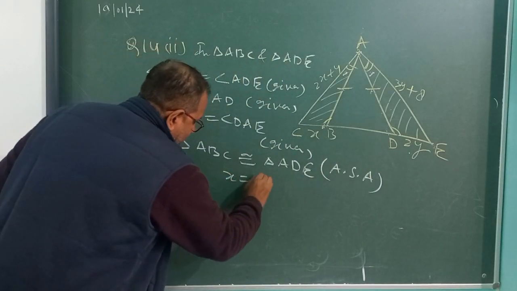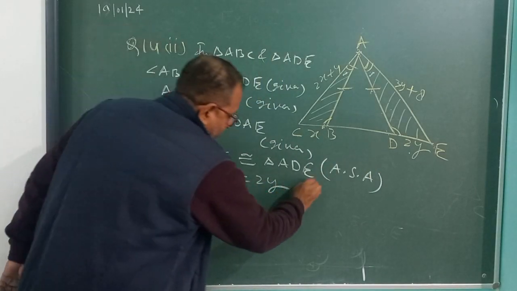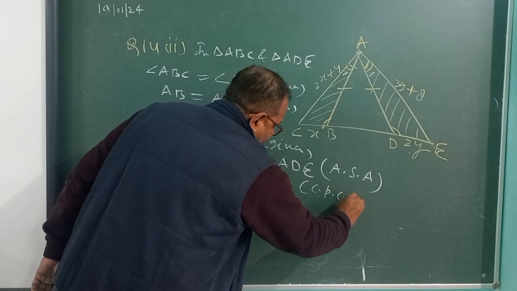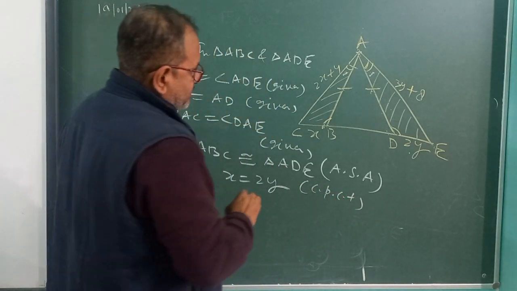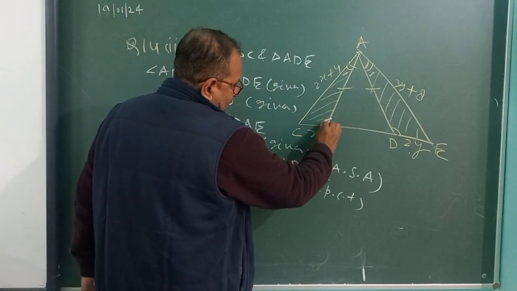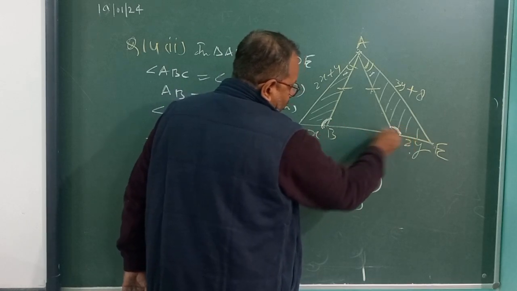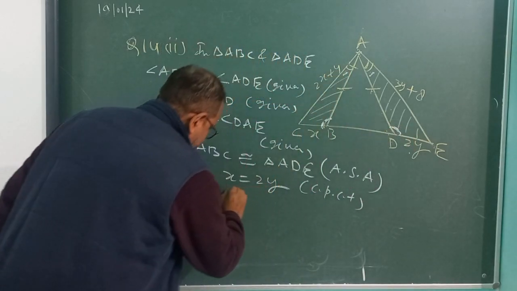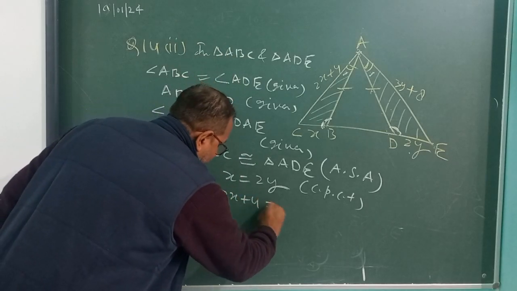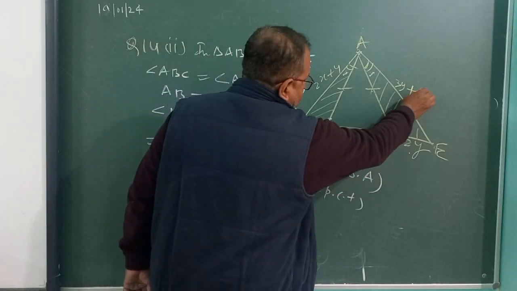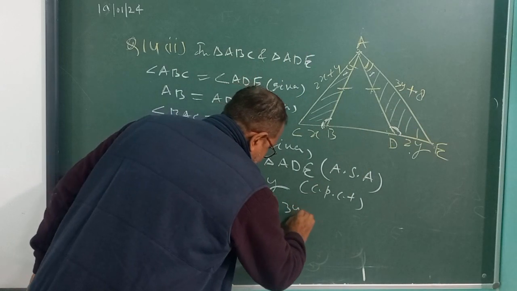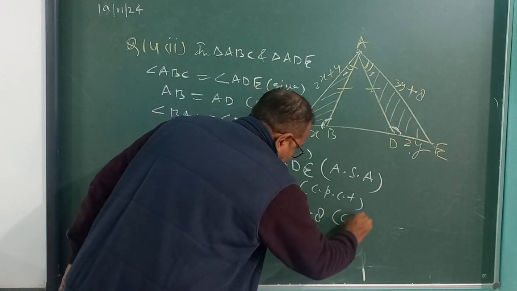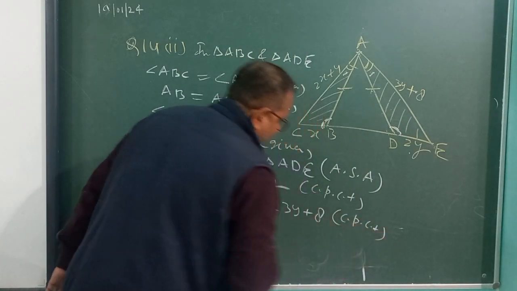So we can write x is equal to 2y, corresponding parts of congruent triangles. Next, angle B and angle D both are equal. Angle B opposite side is 2x plus 4 and angle D opposite side is 3y plus 8. Corresponding parts of congruent triangles.